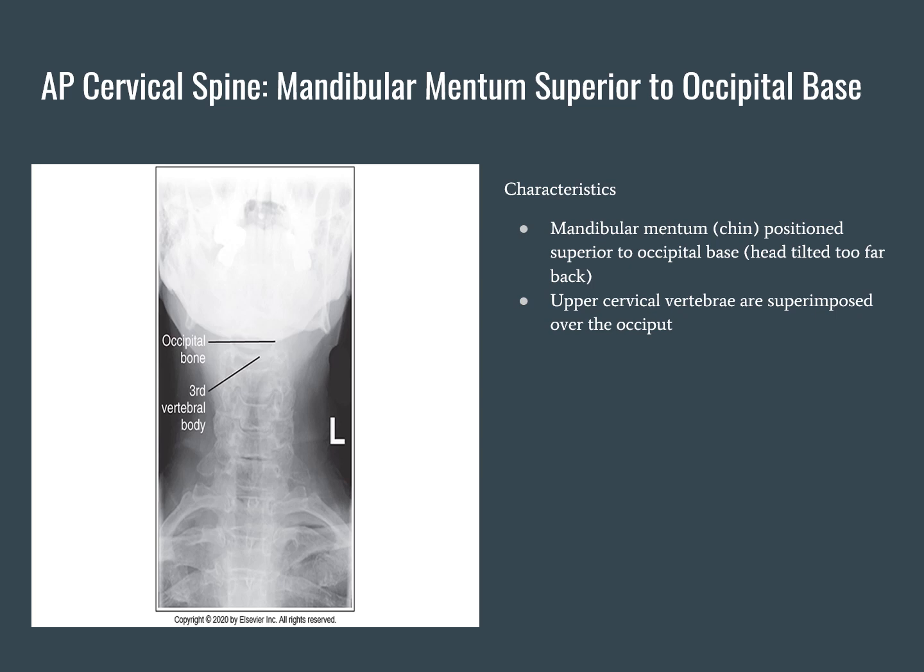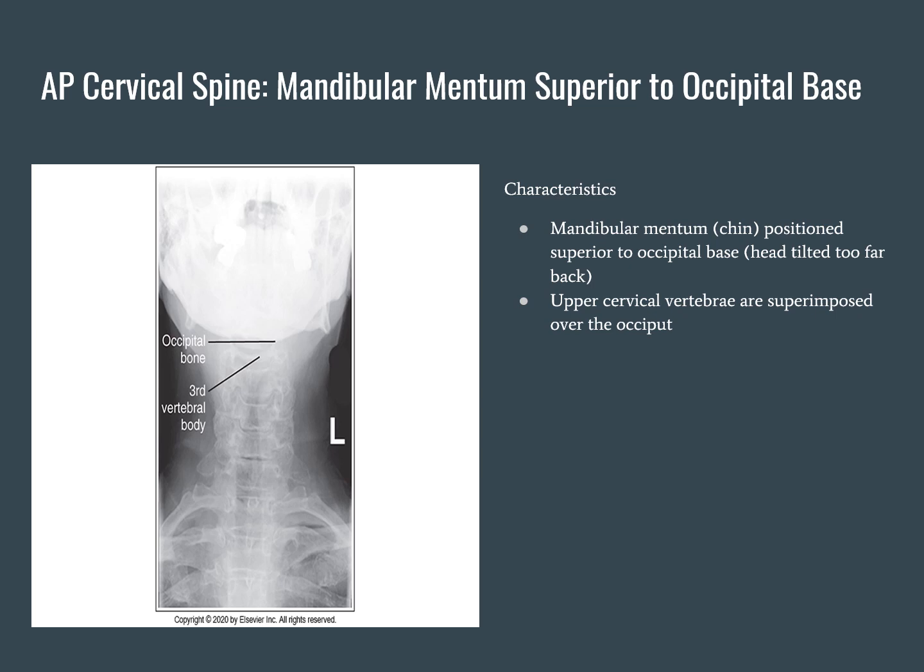With this position, you might expect the mandible to be superimposed over the upper cervical vertebra, but this is not the case because the cephalic central ray is used and that projects the mandible superiorly.